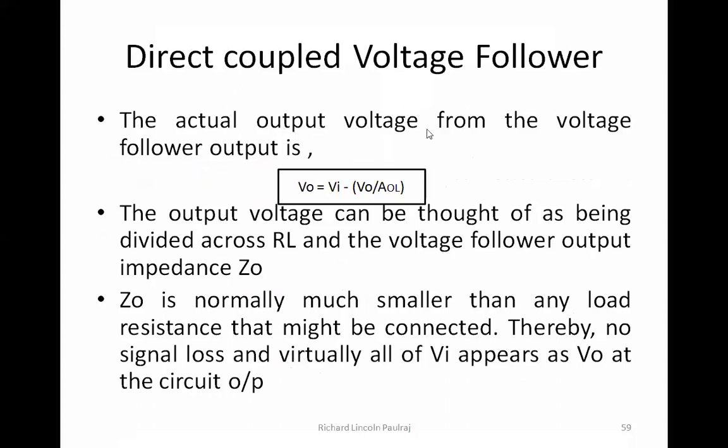Okay, so the output voltage from a voltage follower output is V naught is equal to Vi, whatever input voltage you gave, minus V naught divided by the gain. Okay, so please make a note of this formula. So this formula is important. Okay, you will have to make note of it.